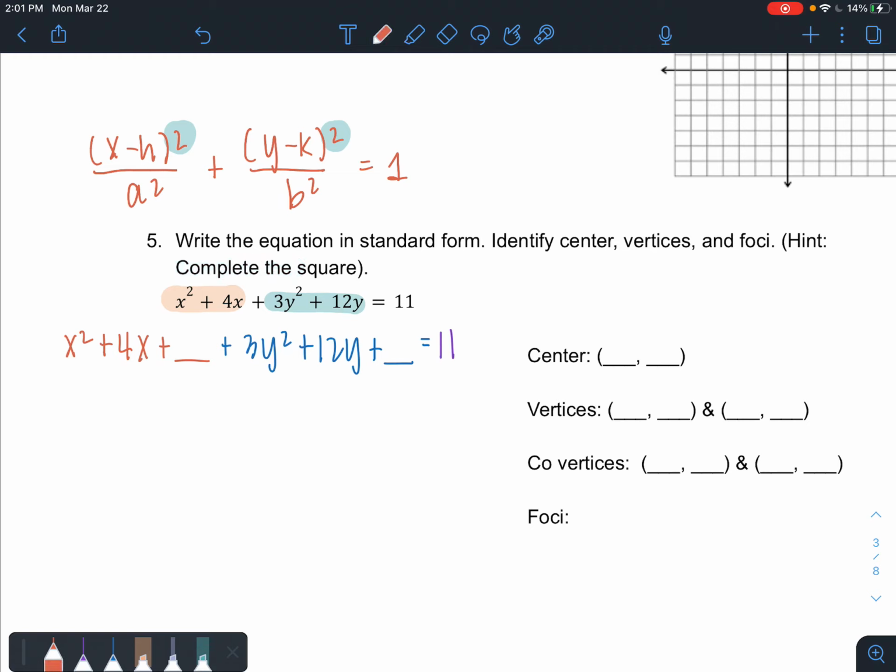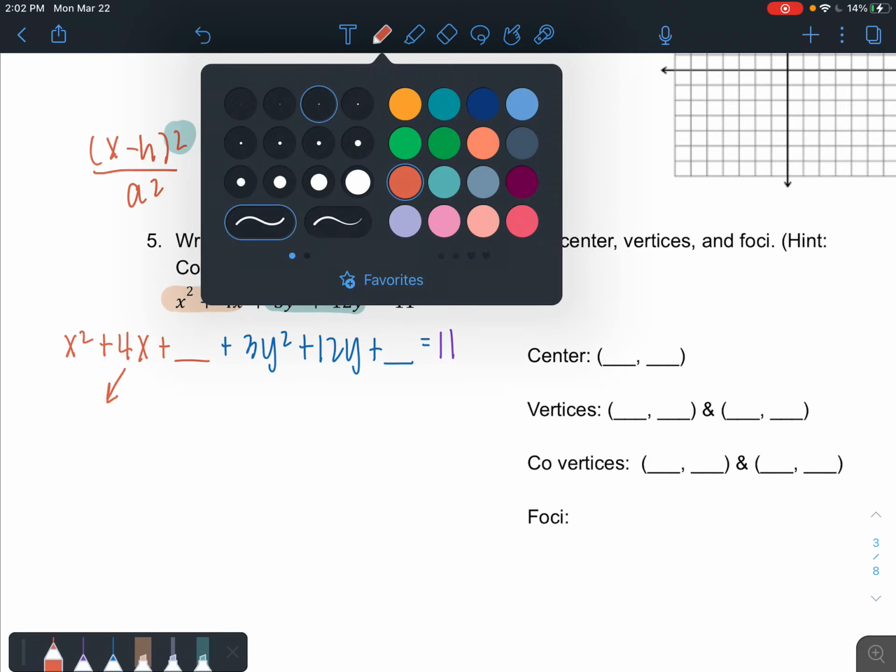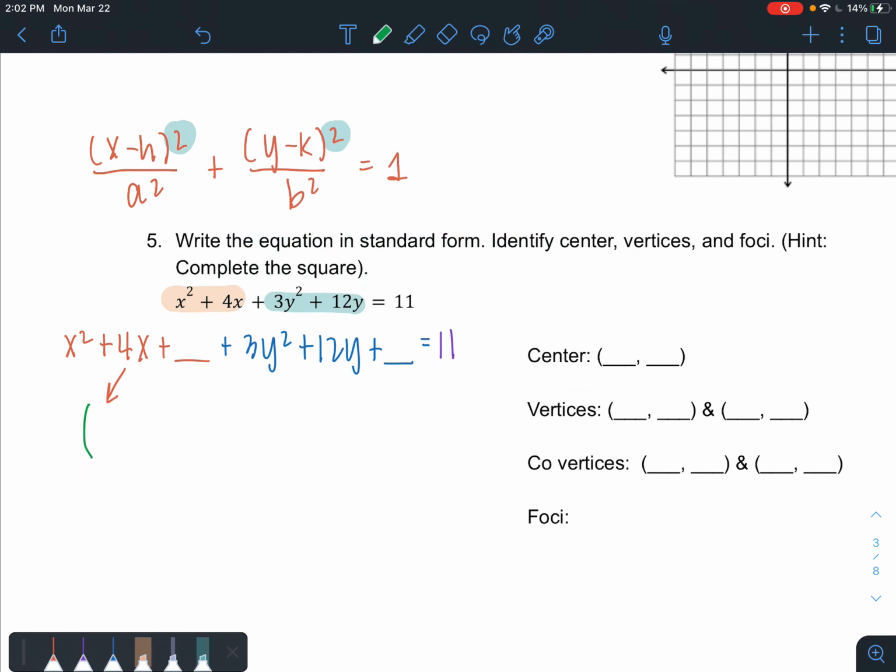In order to do that, I'm going to take my b value and divide it by 2, and square it. So 2 squared is 4, and that number is going to go in right here.